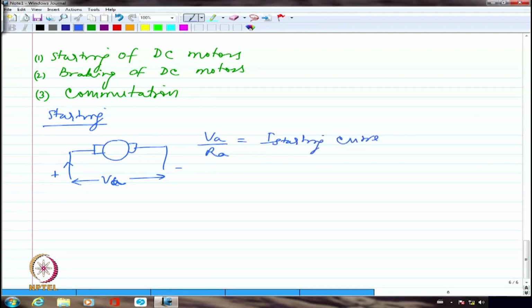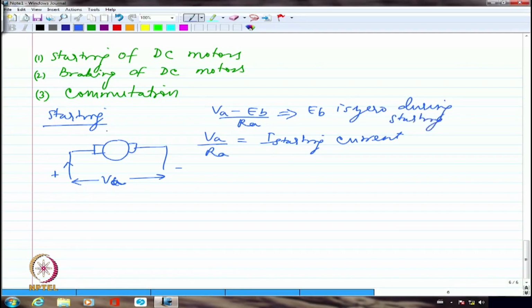Because back EMF is 0, otherwise normally we will write VA minus EB divided by RA. This is what we will normally write. But EB is 0 during starting, right? Because omega is 0. Even though I may apply full flux, whatever is the generated voltage may be 0 because of the speed being 0.